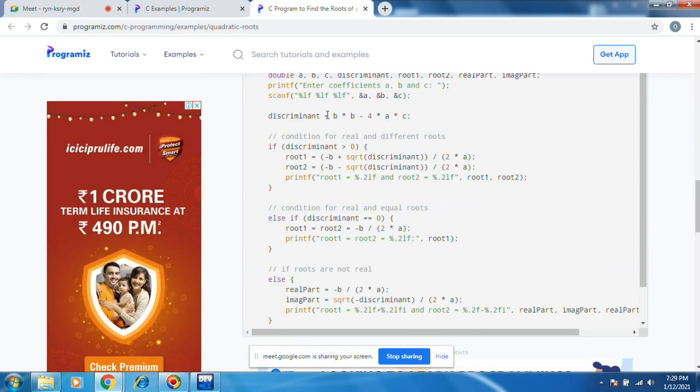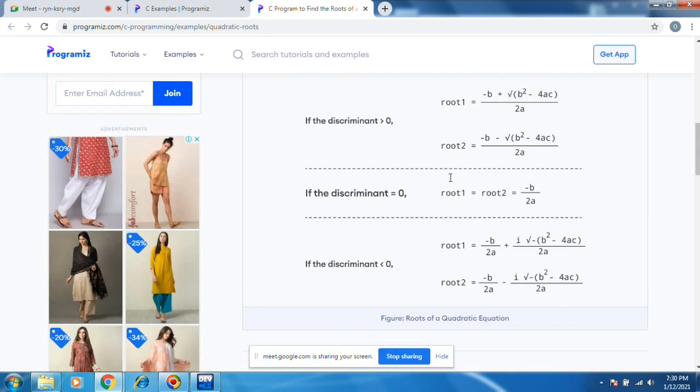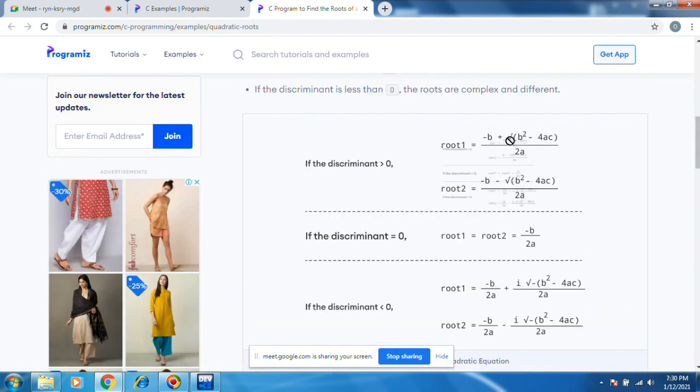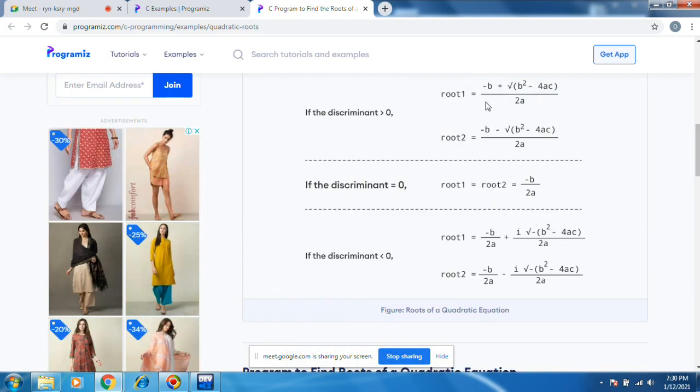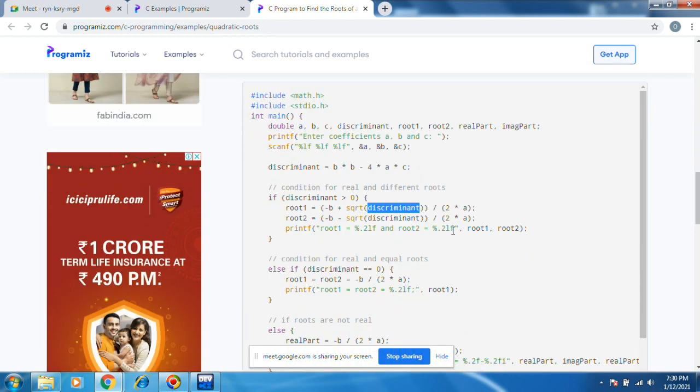If this value is greater than 0, then root 1 is minus b plus sqrt, here we are using square root of the discriminant, and then the whole divided by 2a, and we put the entire 2a in brackets.